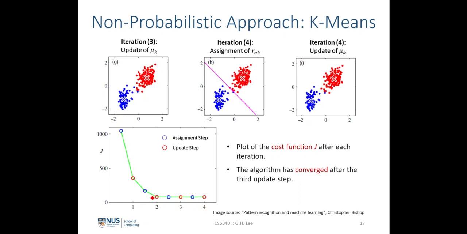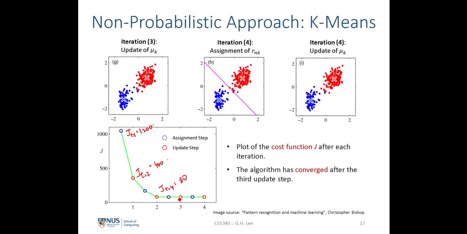So this can also be used as our termination criterion, where for each step I'm going to compute my J. Suppose this is J where t equals 1, and suppose this is about 1200, for example. Then the next step, t equals 2, suppose this is about 400, and the next step, t equals 4, suppose this is about 80.